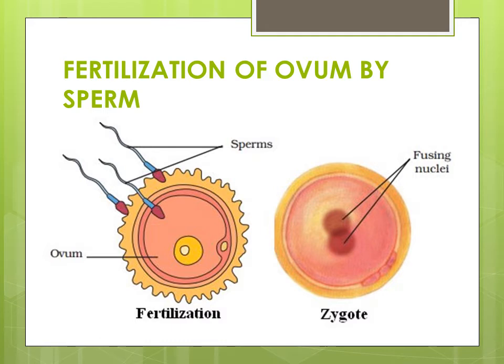Now, this is the zygote formed by the fusion of the male and the female nuclei, and here only the head enters and the tail is left behind. The fertilized egg, that is the zygote, soon starts dividing into 2, 4, 8, 16 cells and so on.